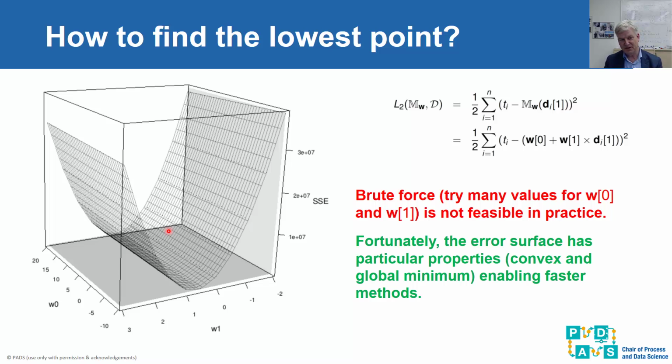So this doesn't work, and we need to be smarter, and that is why we are using this particular error function: because this surface is smooth, we can just walk down until we have found the lowest point, and if we find a point where we can no further improve, we know it is optimal.